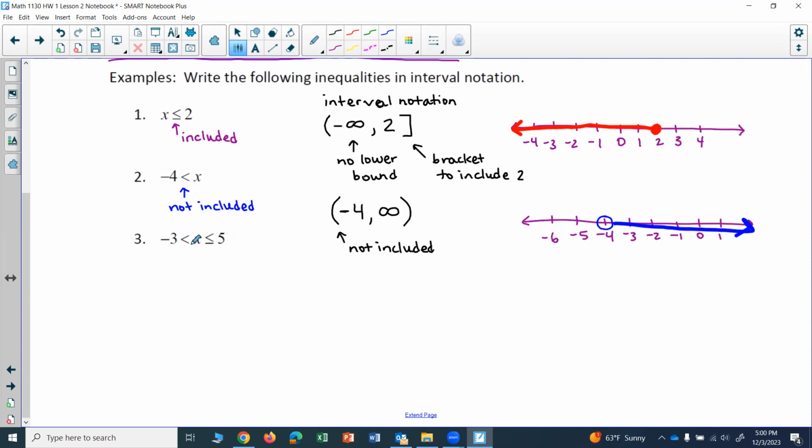All right, on this next example, I'll start by doing the number line, just like on the first two. So I want to go between -3 and +5.